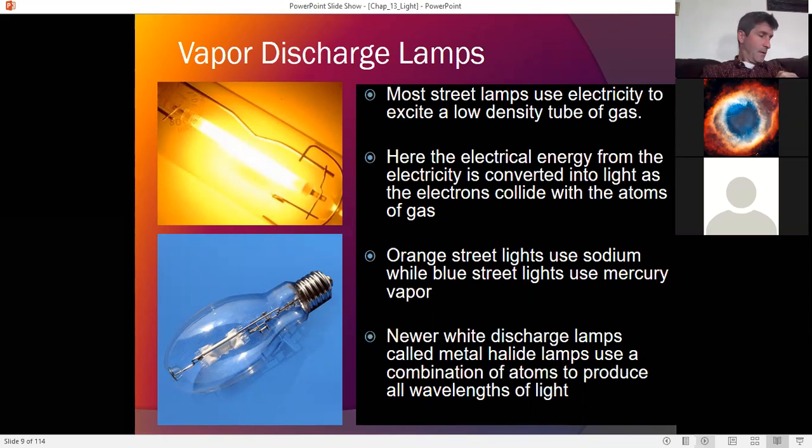If you want orange light, put energy through sodium vapor. If you want bluish white light, that's the metal halide light, which is also a very common type of street light or floodlight that we use. All of these are being replaced with LED lamps, just because LED lamps last longer and are slightly more efficient.